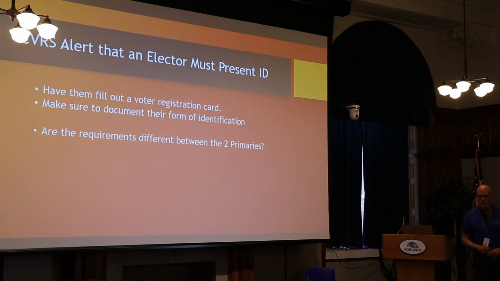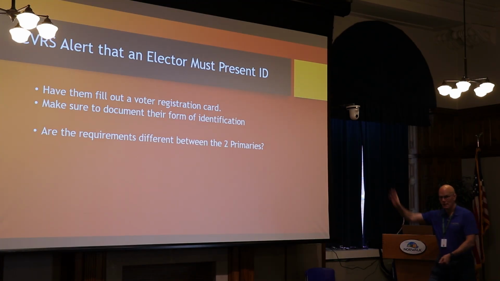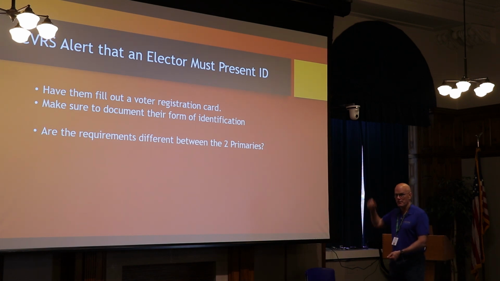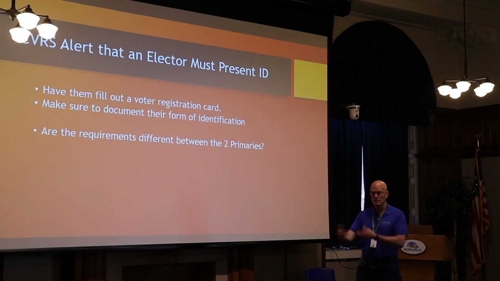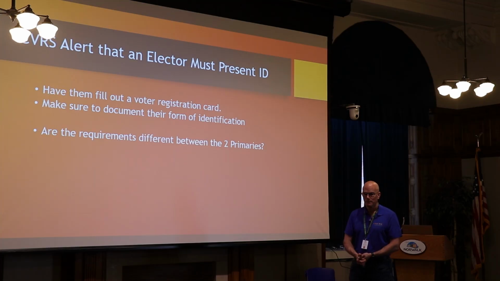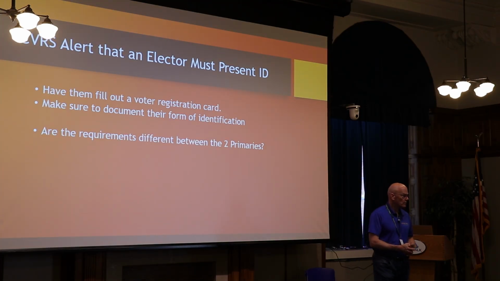Don't we have to have ID anyway? There's two different types of ID, right? There's checking-in ID on the right side of that form, and then there's registering ID, which is a different type of ID that's required. If you're already registered, when you check in, you just have to prove that you are the person. If you're new, you also have to prove you live in Norwalk with something.